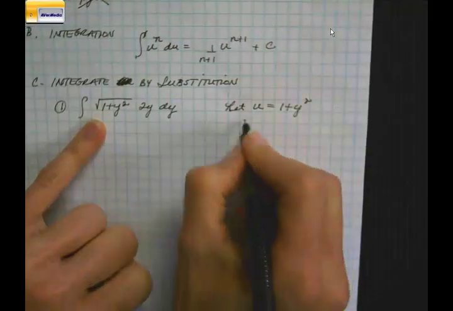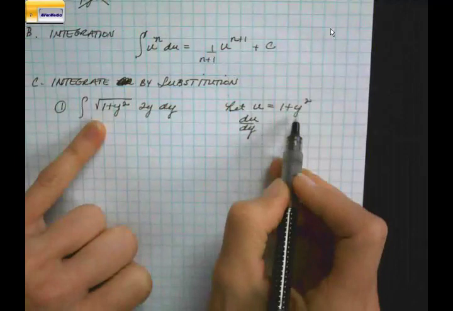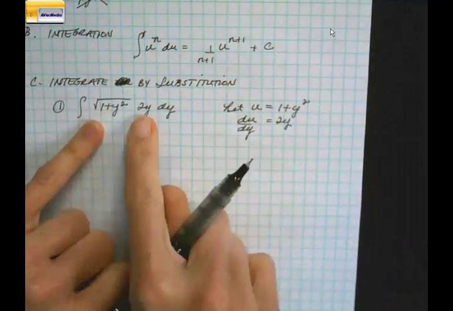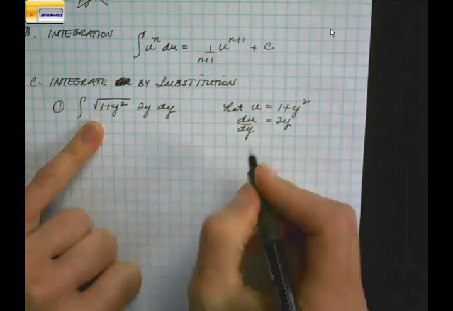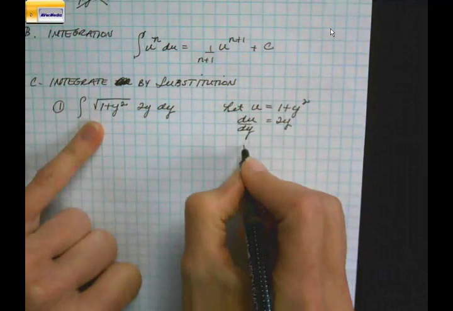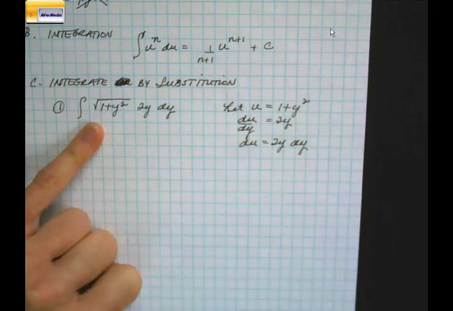Then you take the derivative of u. So du/dy equals 2y, which just happens to be also part of our integrand. Solving for du, du equals 2y dy.